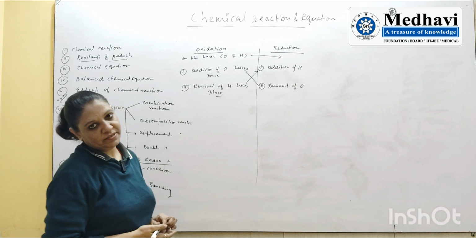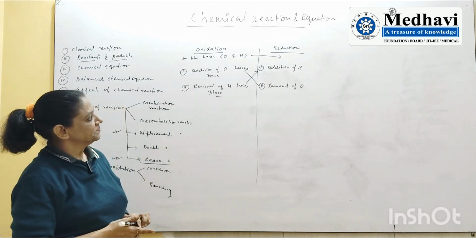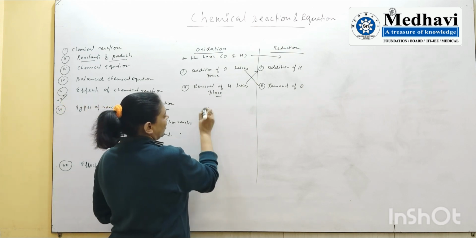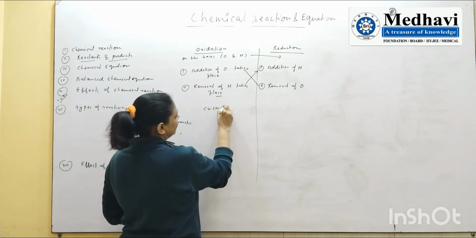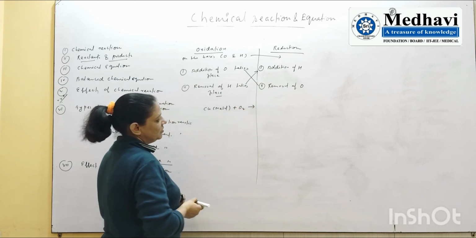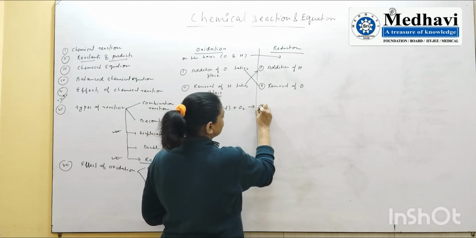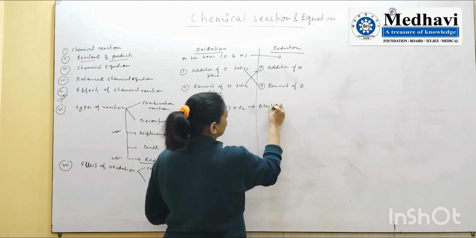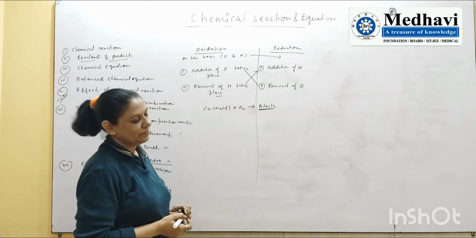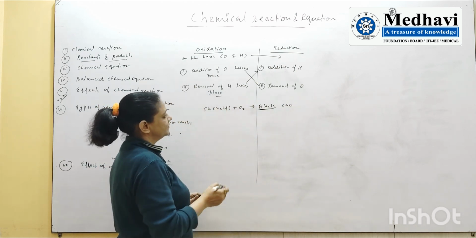Very, very important point. When copper metal is left in air for a short period, you will find that it turns into a black colored substance. It appears black due to the formation of copper oxide.